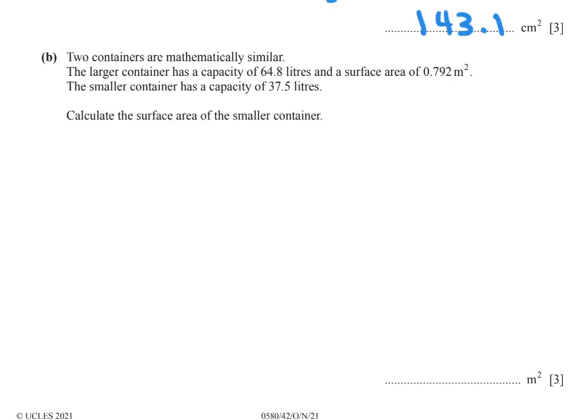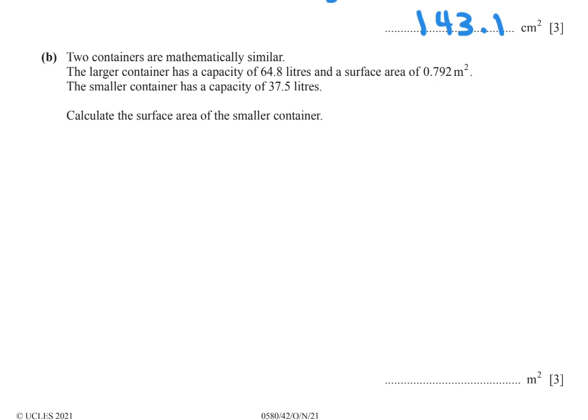B. Two containers are mathematically similar. The larger container has a capacity of 64.8 liters and surface area 0.792 square meters. The smaller container has a capacity of 37.5 liters. Calculate the surface area of the smaller container. So we have the capacity, the volume, for each one of them.